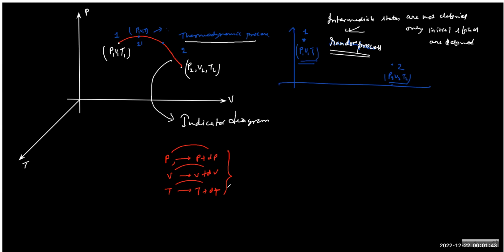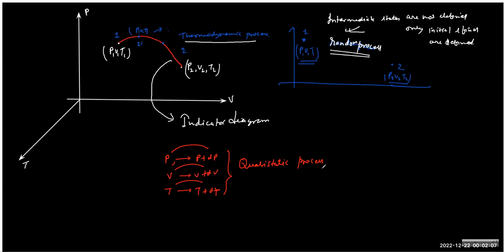This incremental change we term a quasi-static process. A process in which the changes are always elementary at one time is called a quasi-static process.